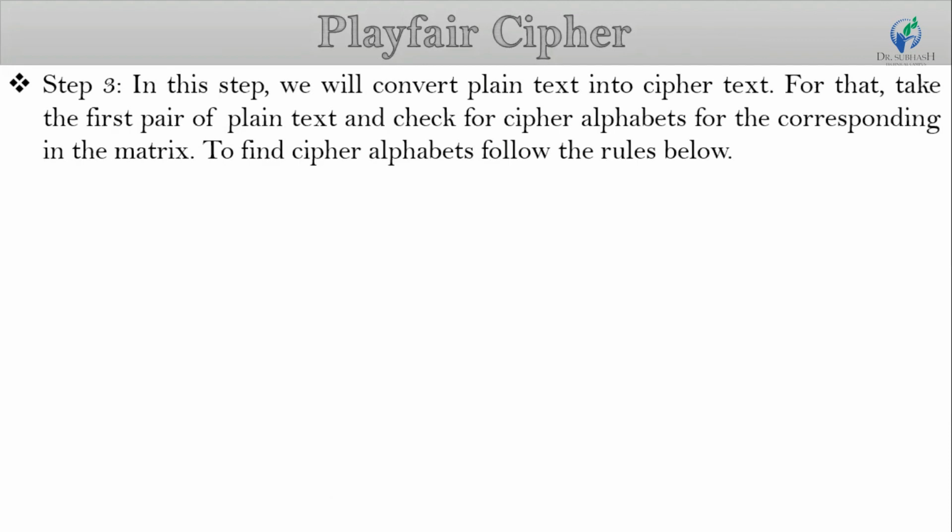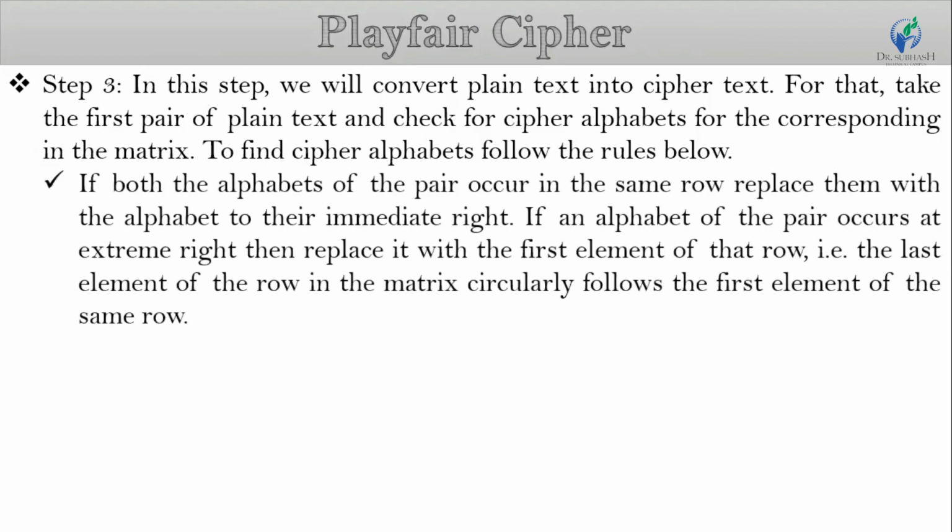First, if both the alphabets of the pair occur in the same row, replace them with the alphabet to their immediate right. If an alphabet of the pair occurs at the extreme right, then replace it with the first element of the same row, circularly.